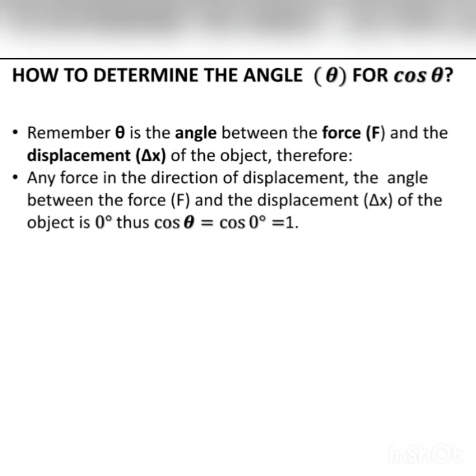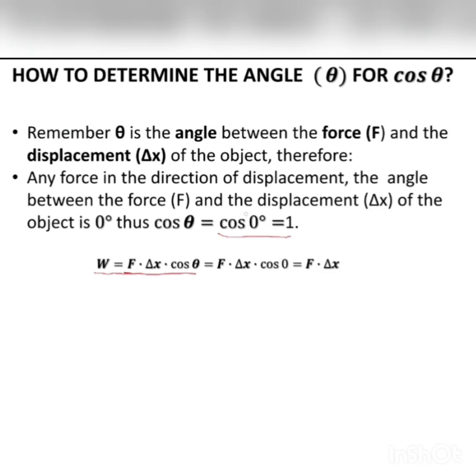And we know from mathematics, cos 0 degrees equals 1. This is the same as when we calculate the work done on an object. We are going to have our general formula of W equals F delta X cos theta.